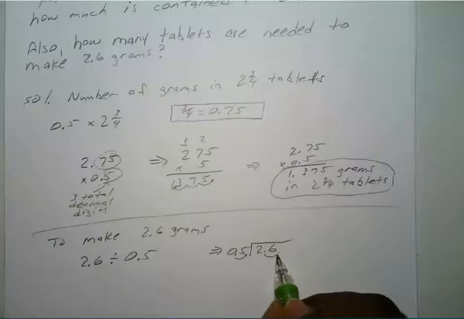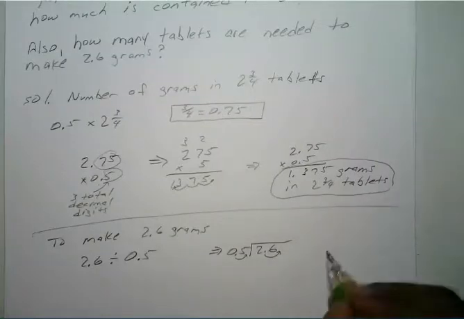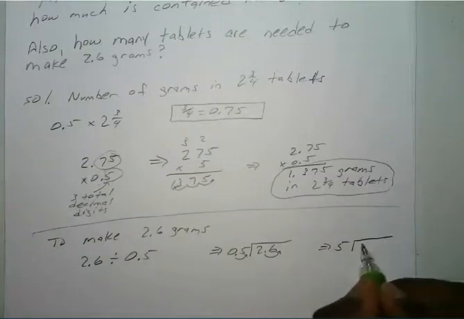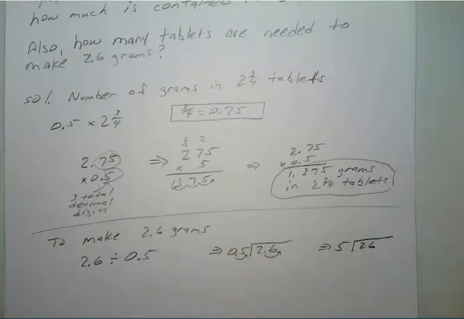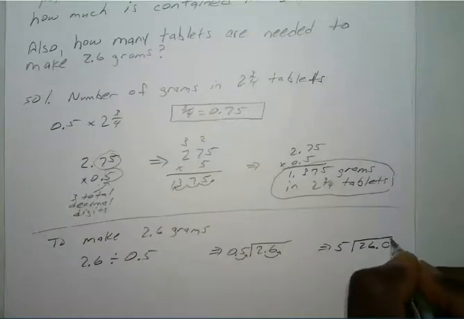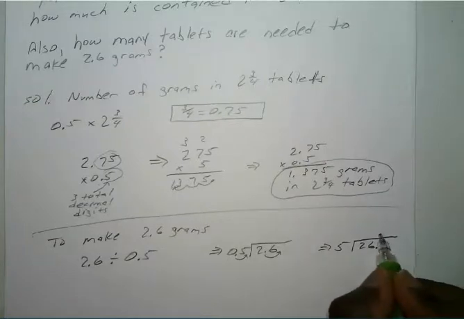That means we move the one under the division bracket once. So we have 26 divided by 5, and we'll make that 26.0 since we had to move our decimal. So we move that decimal right on up.